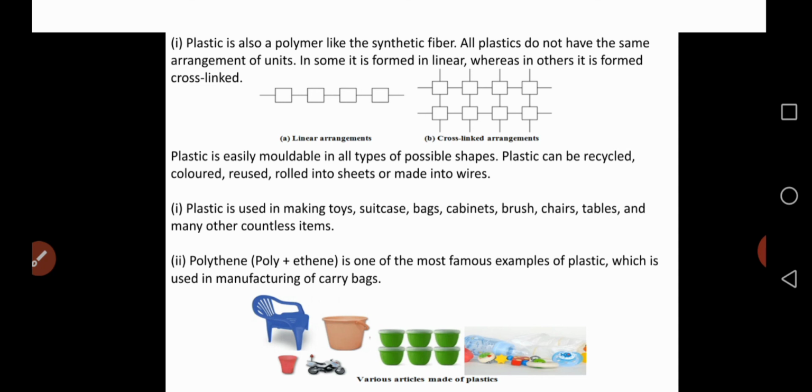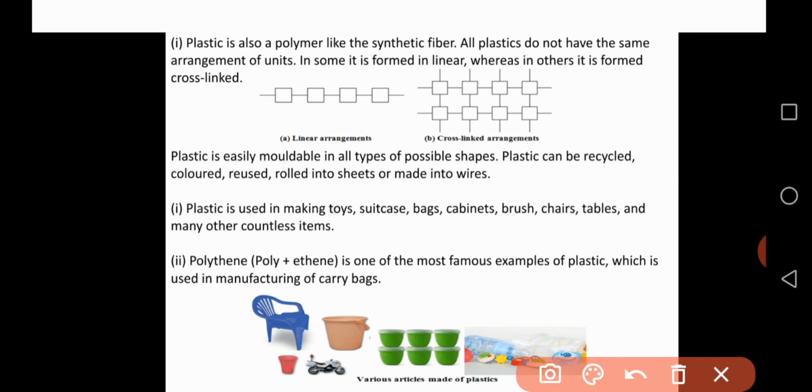Another very important point is that plastics are easily moldable into all possible shapes. Different shapes of plastic are there.